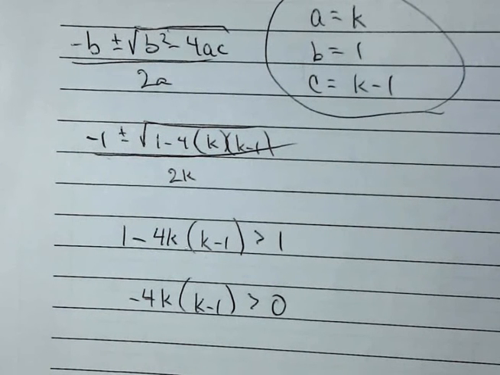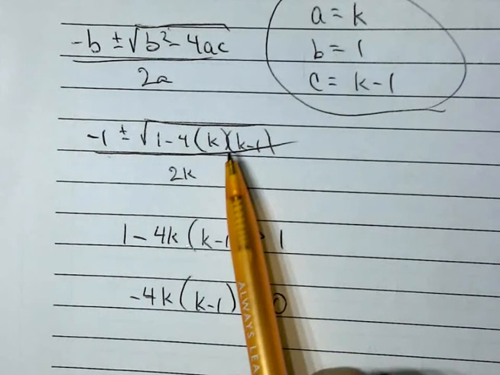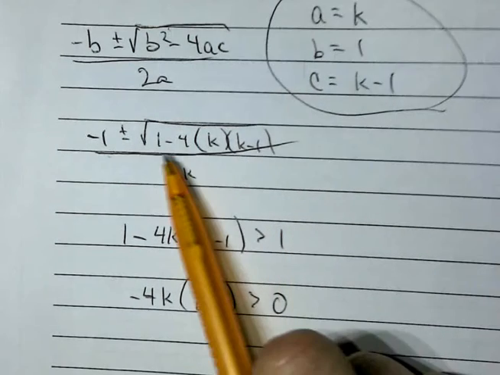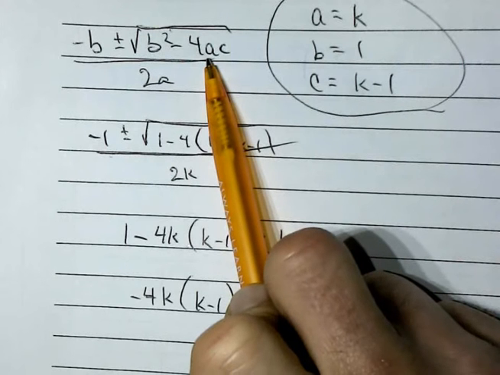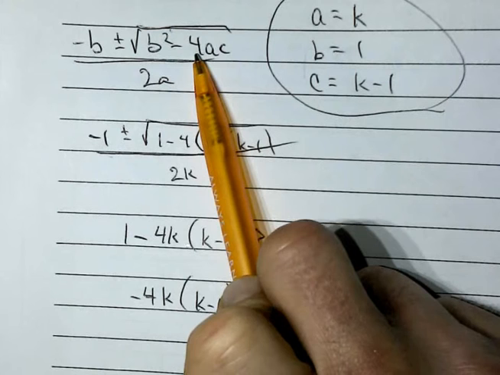Why isn't it? Because of the value of the discriminant, which is b squared minus 4ac. Remember the discriminant? That determines what the roots are.